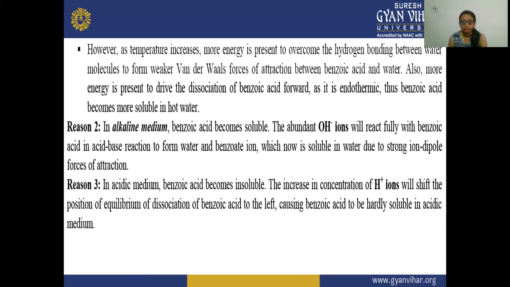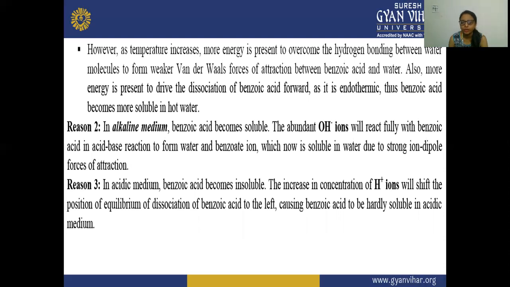So here, from this, you can just conclude that if the temperature increases, then more energy is present, so that the hydrogen bonding between the water molecules can be overcome to form the weak van der Waals forces of attraction between benzoic acid and water, and there is more energy present to drive the dissociation of benzoic acid forward.